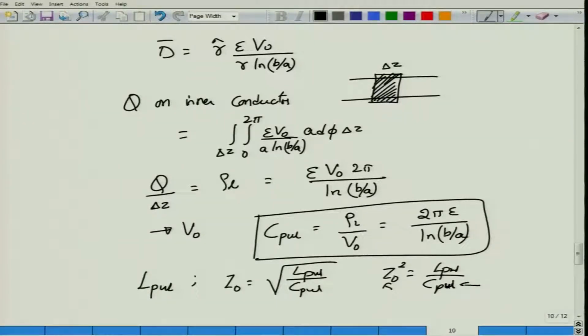I know how to calculate this capacitance. Calculating inductance in this case is simple, but it is not really necessary. So if you know the Z naught of a coaxial cable and the capacitance per unit length calculated from this expression, you can easily substitute for CPUL and find out LPUL, the inductance per unit length, which is given by 1 by Z0 square CPUL.